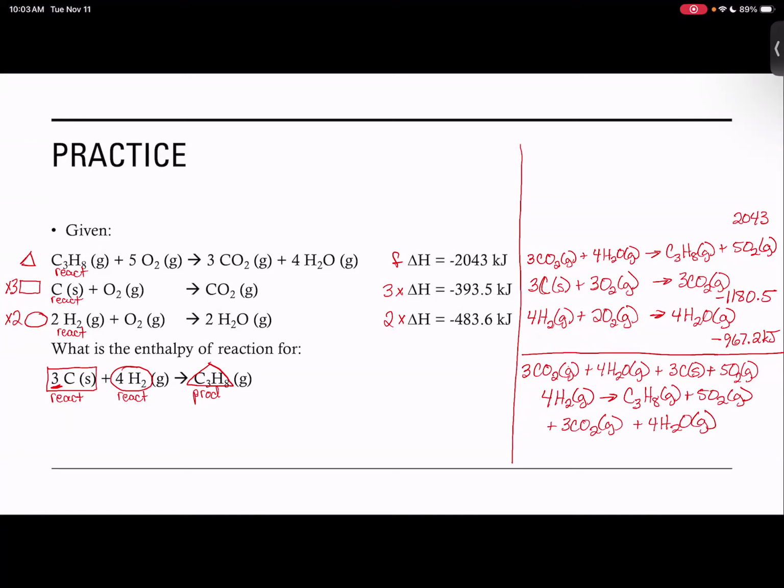Looking at it, the 4 waters cancel because you have 4 waters on the reactant side and 4 waters on the product side. The 5 oxygens cancel because you have 5 oxygens on the reactant side and 5 oxygens on the product side.